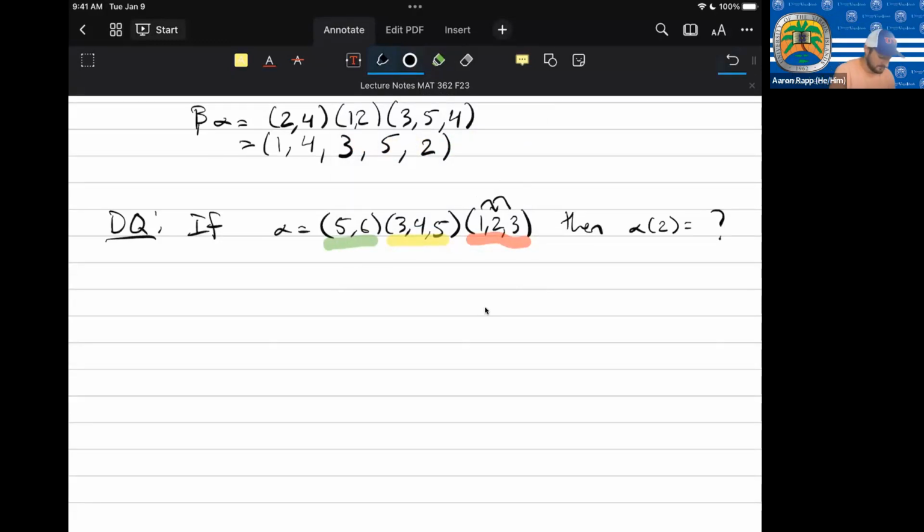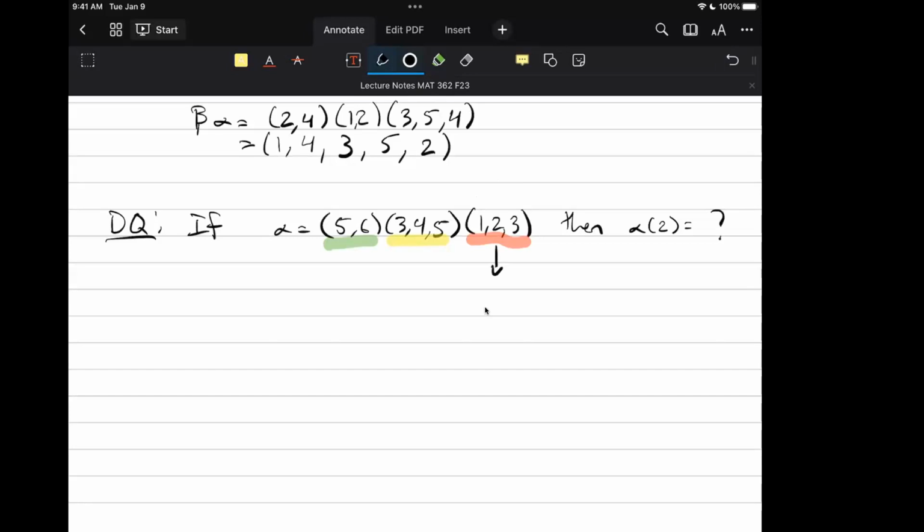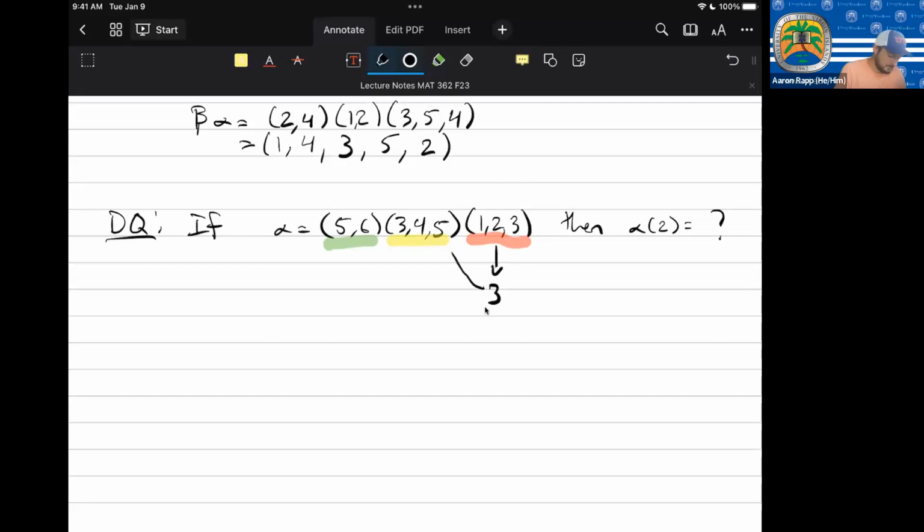So after I go through that first cycle, what is the output going to be? I give it 2, and it's going to change 2 to what? 3.